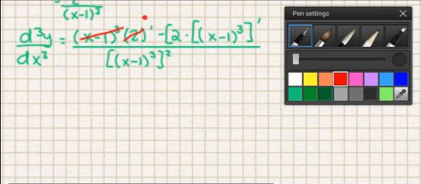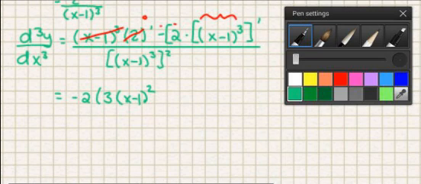For the second term, you have your negative and your 2, so we're going to keep that. And again, we're going to use chain rule for this one. So negative 2 times 3 times x minus 1 to the power of 2. Remember, because 3 minus 1 for the exponent is 2. And now I'm going to multiply it by the derivative of whatever was inside that bracket, which is just going to be 1.